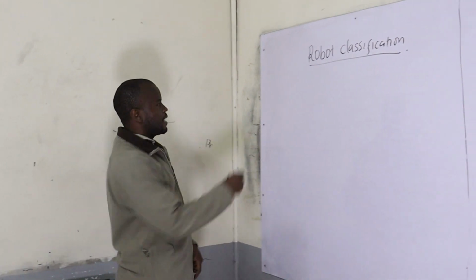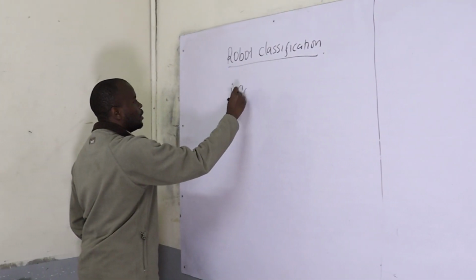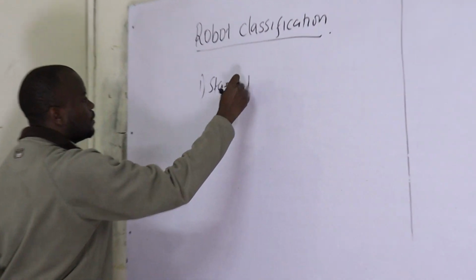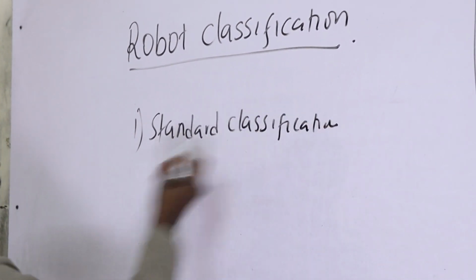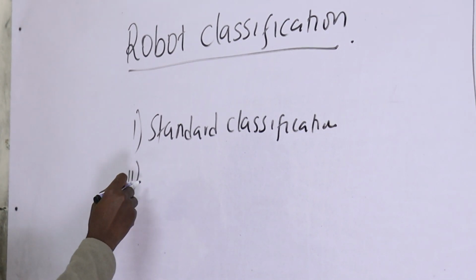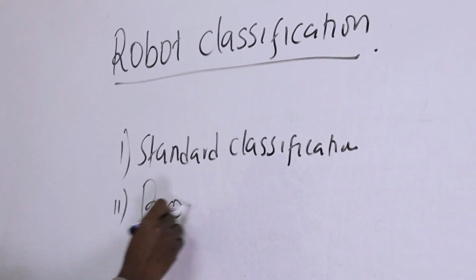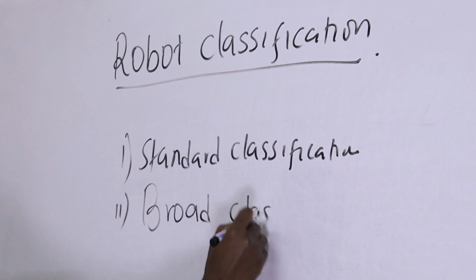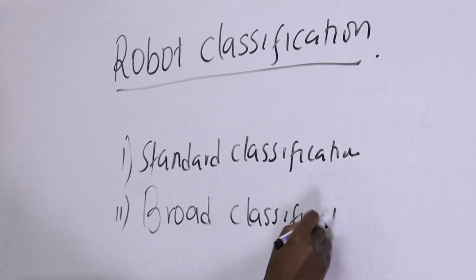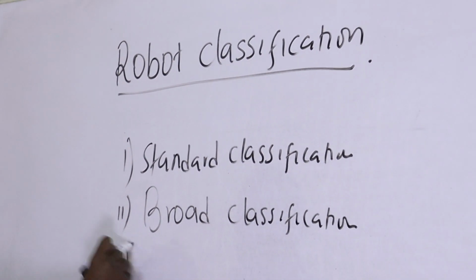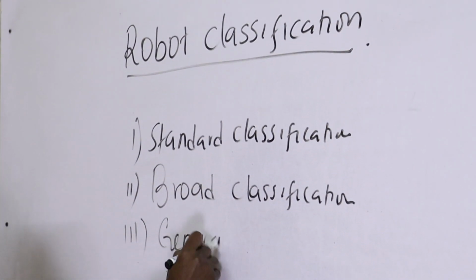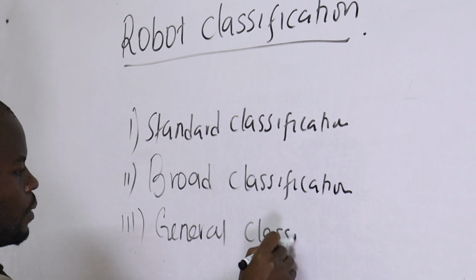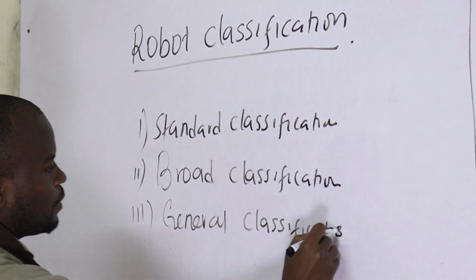The first one is standard classification. The second one is the broad classification. And the third one is general classification.